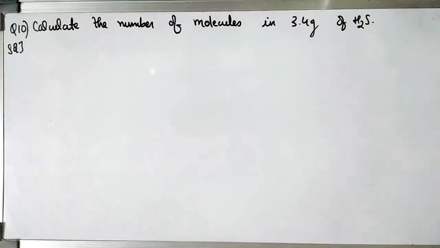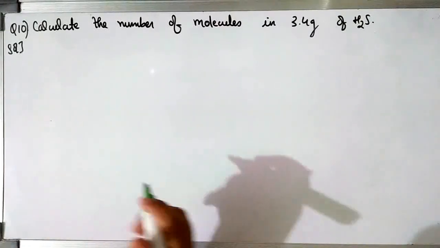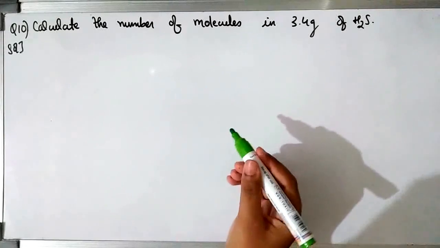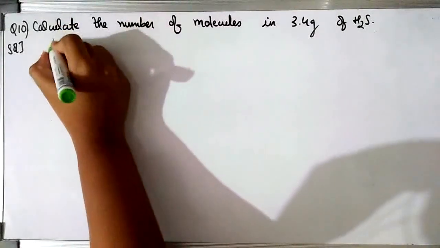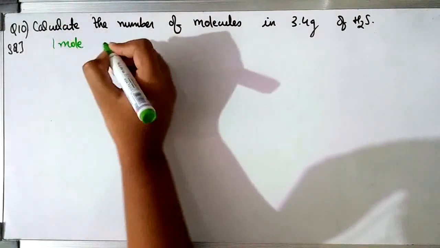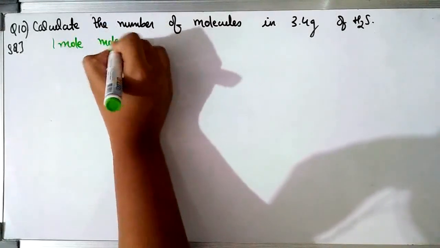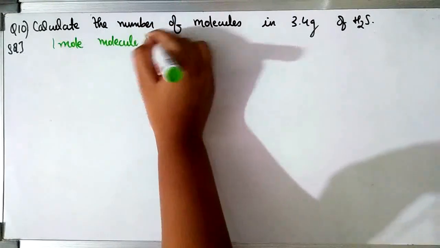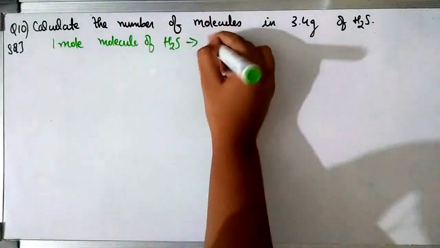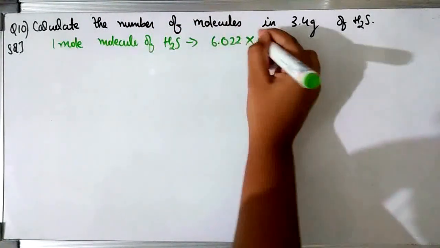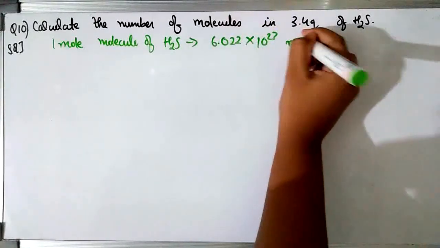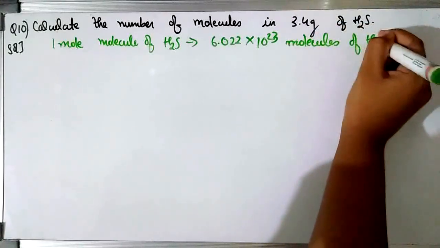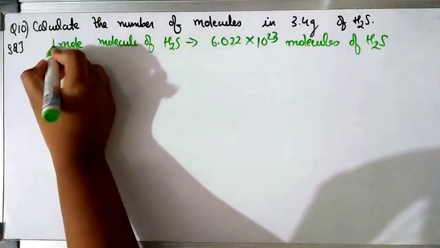So this time, in the last question, we have to calculate the number of molecules present in 3.4 gram of H2S. We are going to do it in the form of moles. We can say that 1 mole molecule of H2S will contain 6.022 into 10 to the power 23 molecules of H2S, right? 1 mole means the Avogadro number.